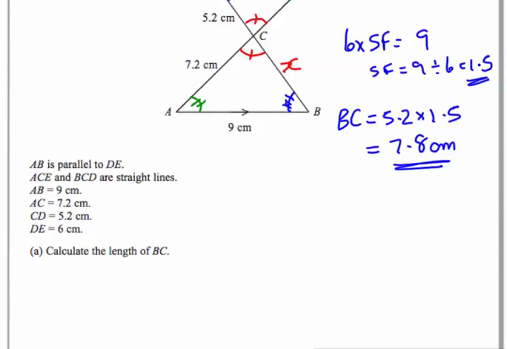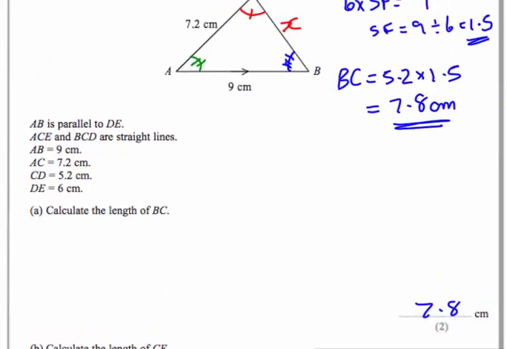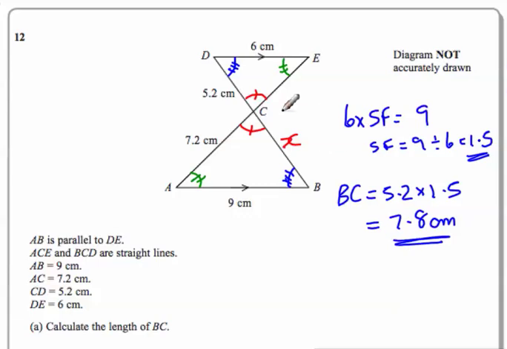So that goes in there. And the next question is calculate the length of CE. Let's have a look at CE. That's this side here. I'm going to call that Y. Now this side corresponds to this one. So we can say that Y times the scale factor equals 7.2.